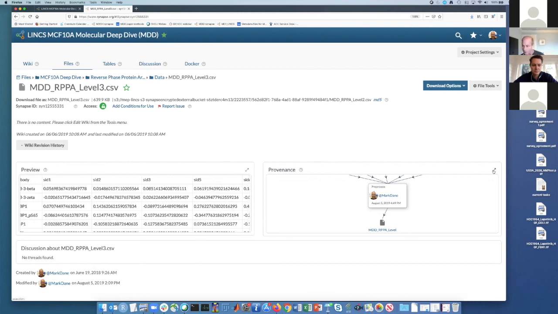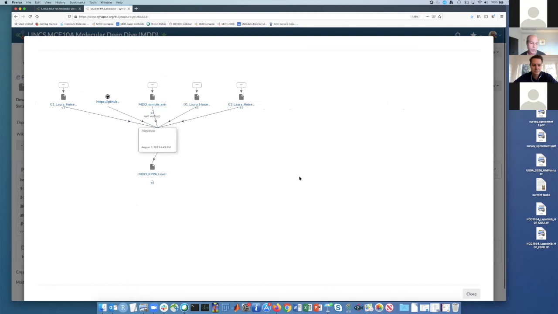And while I'm here, let me show some information about this. Synapse has the ability to show you the provenance of the file. So we're looking at this RPPA level 3 file down here. And what I can see is that it came from this file, and this one. So these are the 3 raw files that I was showing that came from the core. Here's our sample annotation file.